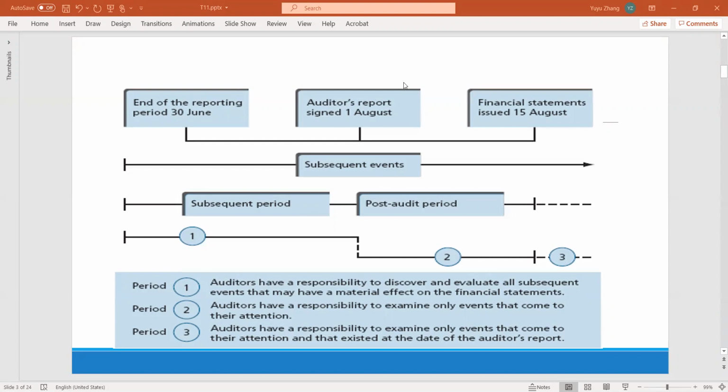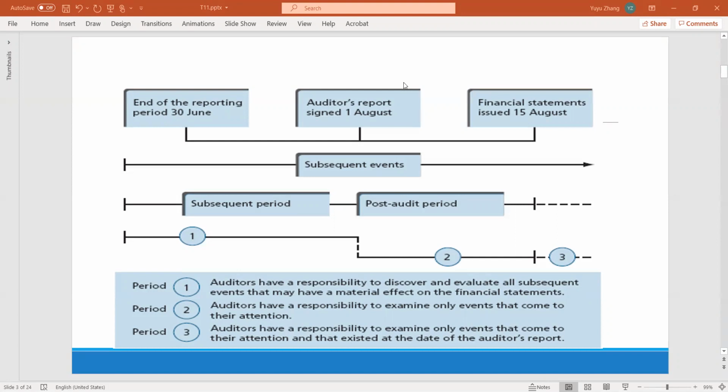Period 3 is still called the subsequent period. However, after the financial statements have been released to all the shareholders and members, the directors and auditors no longer have control of that information.